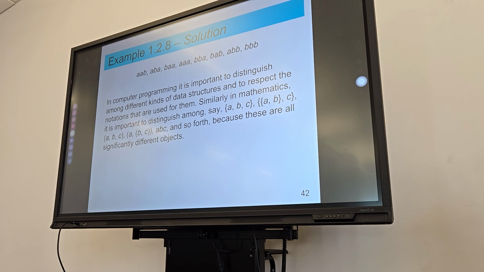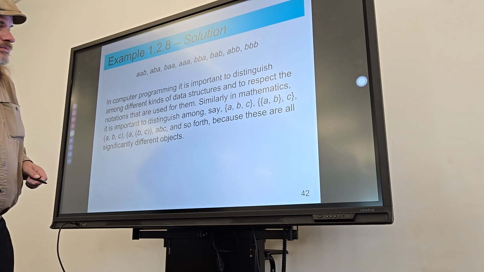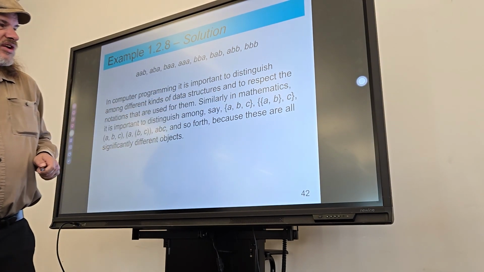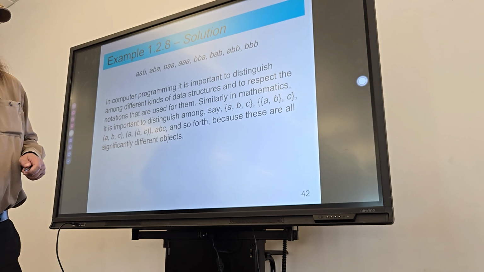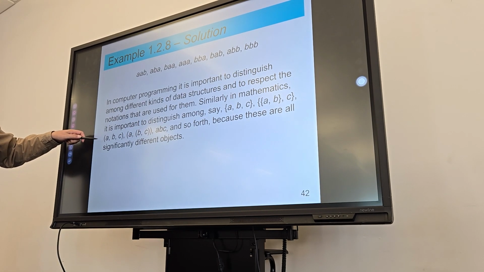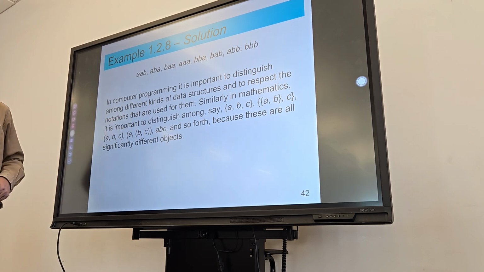The first one is a set with A, B, and C in it. The second one is a set with a set of A and B and the element C in it. Ordered triple. Ordered pair with an ordered pair as an element. And a string. All different objects.